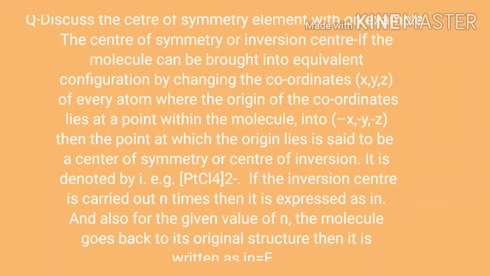Therefore, if that dot meets the same point again but with a negative sign, then that molecule is said to possess a center of symmetry, and it is denoted by I. We have to mention I over the molecule, giving the dot over it. Further, if inversion is carried out n times, then it is expressed as I raised to n. By mistake we have printed it here incorrectly; it is I raised to n. Thank you. In the next video lecture we will see axis of symmetry.